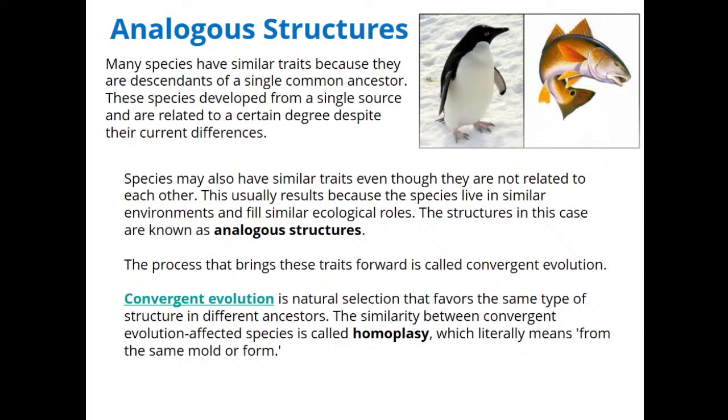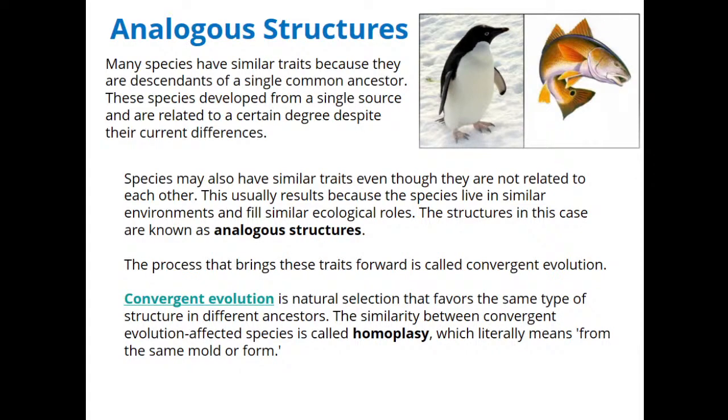Species may also have similar traits even though they are not related to each other. This is usually a result of the species living in similar environments and filling similar ecological roles. The structures in this case are known as analogous structures.